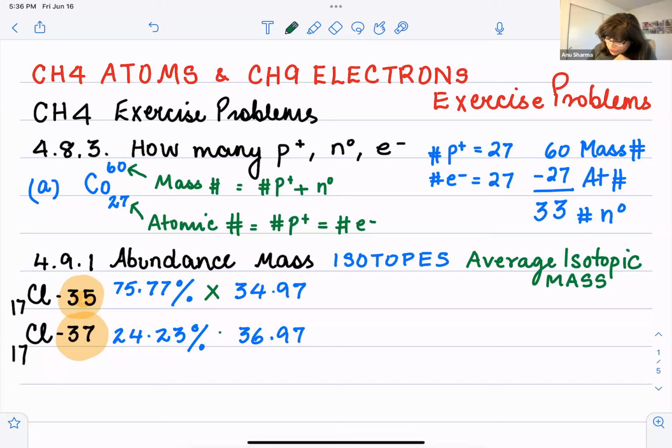So how do they calculate it? You multiply the abundance by the mass, and that gives you the average isotopic mass, but you have to add them also. So here you're going to take this 75.77, divide by 100, times 34.97.